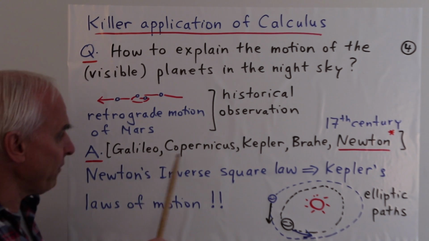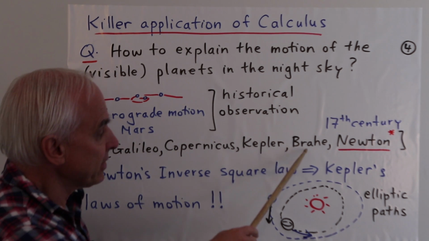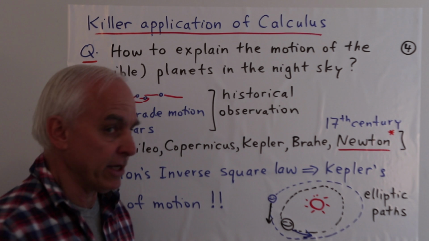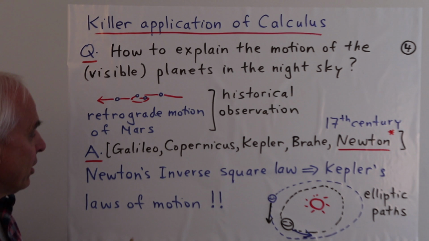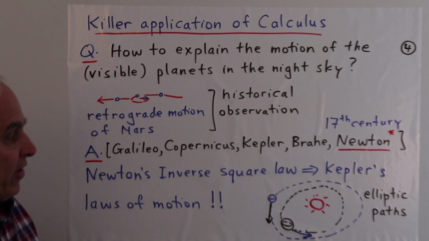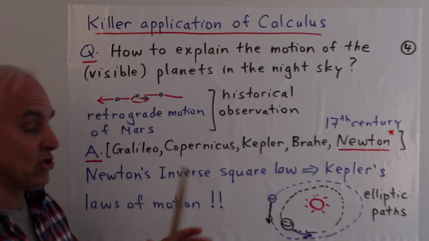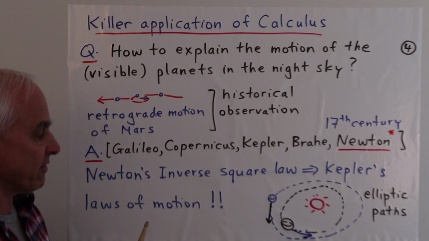So the people involved there were Galileo, Copernicus, Kepler, Tycho Brahe, and prominently Newton. And the short story is that Newton's inverse square law of gravitation was then used by Newton together with the calculus to explain Kepler's laws of motion.